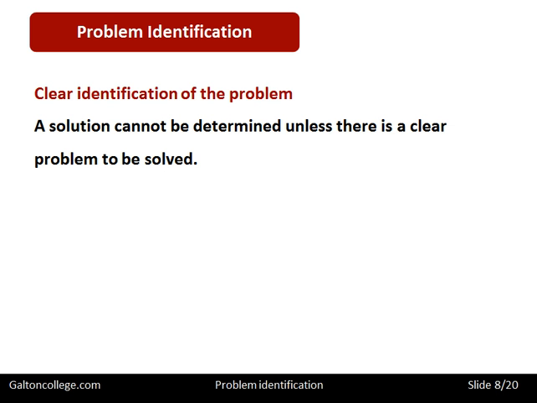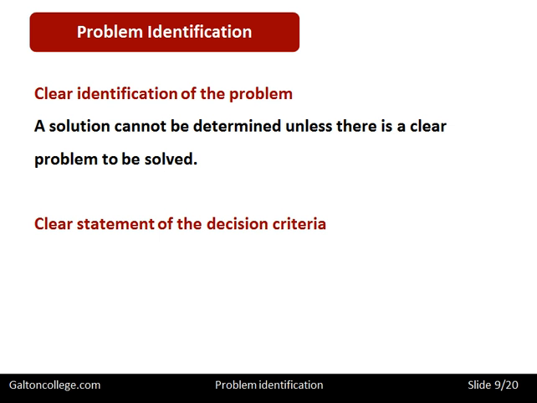If not, then the business is incurring more risk in selecting a solution, or a perceived solution, when all of its implications are not fully understood. So clear identification of the problem is important, and the problem should be stated in a way which makes it easy to understand.